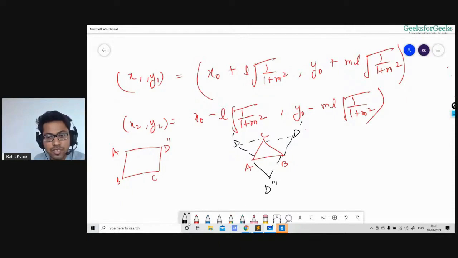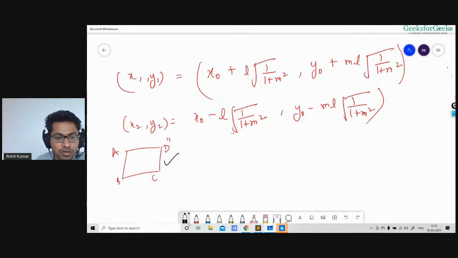We saw this, and we said okay, fine, we can have these multiple points. We need to find the lexicographically smallest out of them, and we saw what we mean by lexicographically smallest. After that, we took only one of them, and I started framing the logic. I told that in a parallelogram, opposite sides are equal in length as well as parallel.